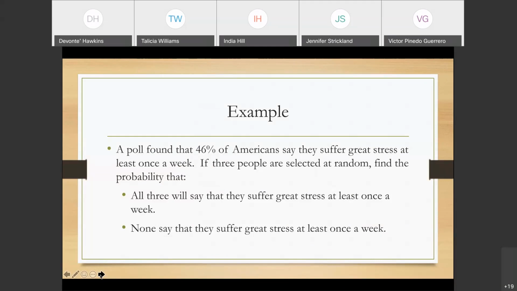If 3 people are selected at random, find the probability that all 3 will say that they suffer great stress at least once a week. I can tell you that in a problem, if you see the word "all," this always means that it should be an "and" problem.